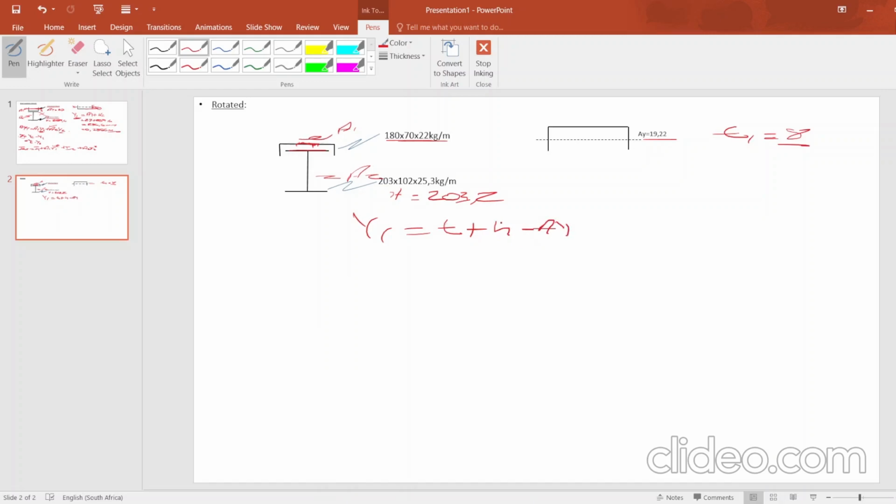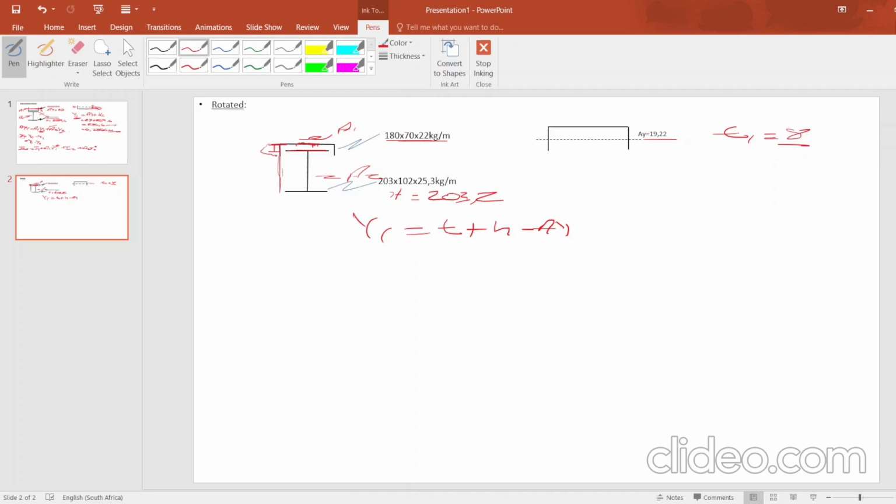Now, why are we minusing the AY? Remember, the AY is from the center to the base. Can you see that? The fact that this eye profile is resting on its thickness there, hence we are minusing the AY. This AY, if you can look at it, is actually included from there to the bottom.